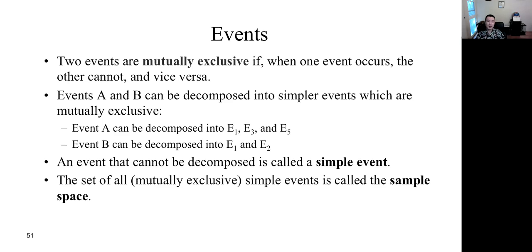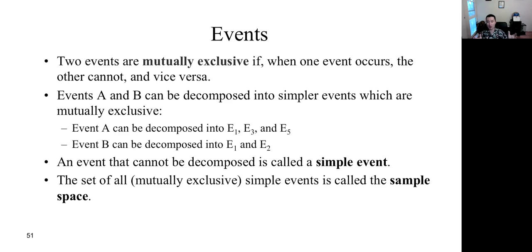The set of all mutually exclusive simple events is called a sample space. For example, for the experiment of tossing a die, the sample space includes E1, E2, E3, E4, E5, and E6.